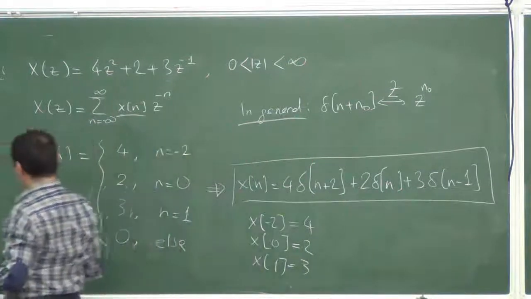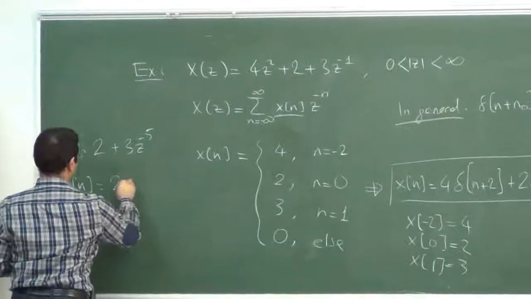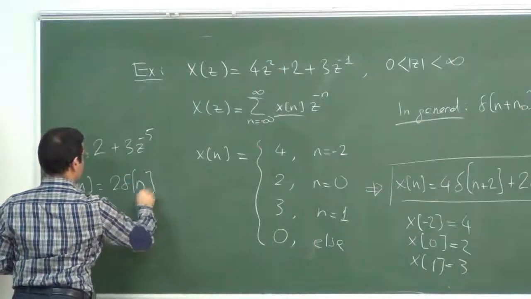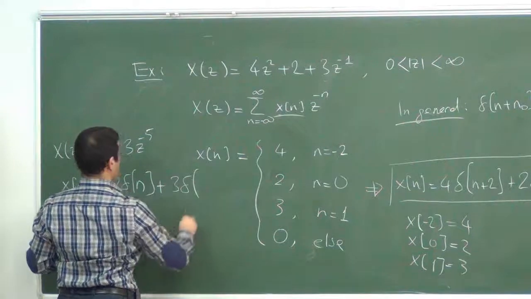Okay, another simple example for this. Let's say 2 plus 3z to the minus 5. What is the inverse Fourier transform or inverse z transform of this sequence? What about xn? xn is 2 delta n, right? And 3 times delta what?